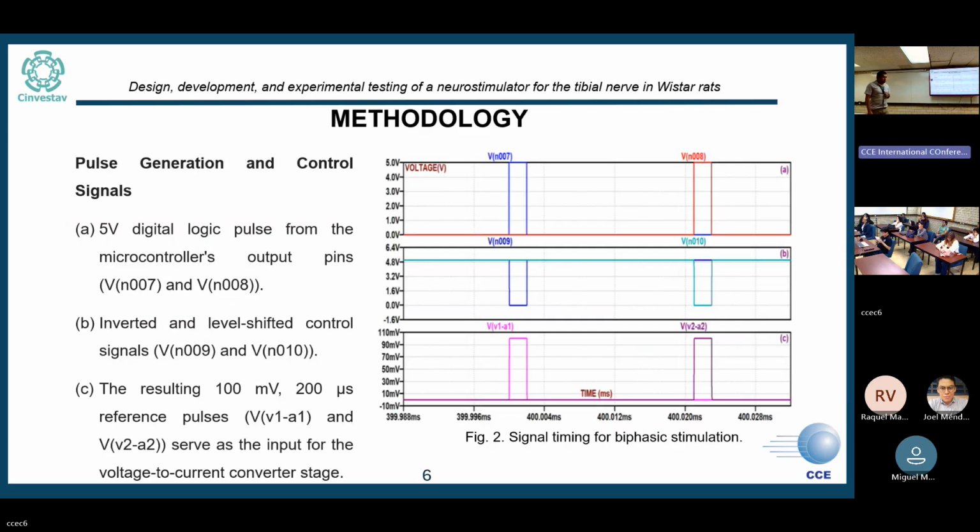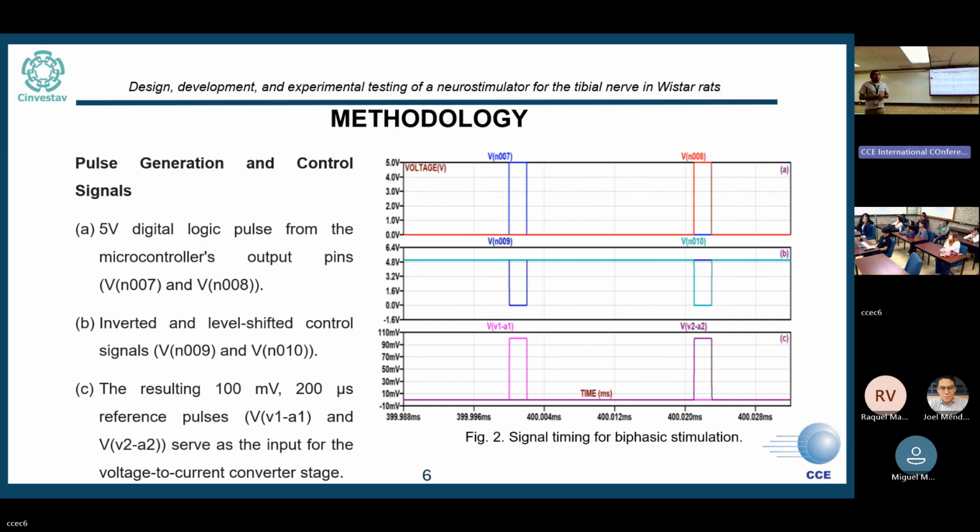For the pulse generation and control, we use a microcontroller. With the microcontroller, we can define the frequency, the amplitude and magnitude of the current, and we can control the duration of the pulse. We use the digital output of the microcontroller to generate different waveforms that we can apply to the animal model or another type of load.